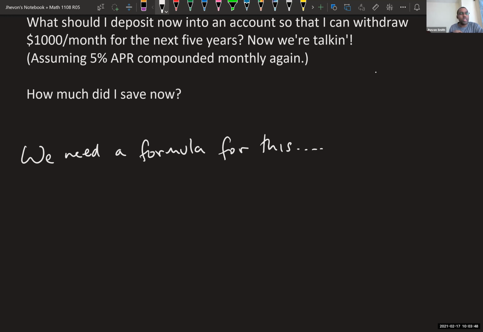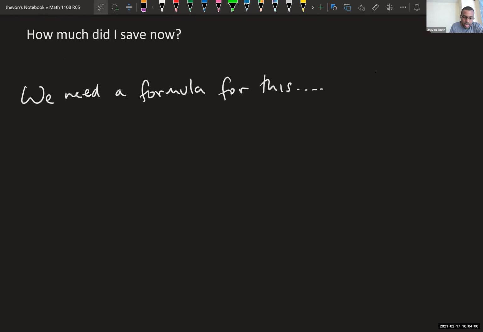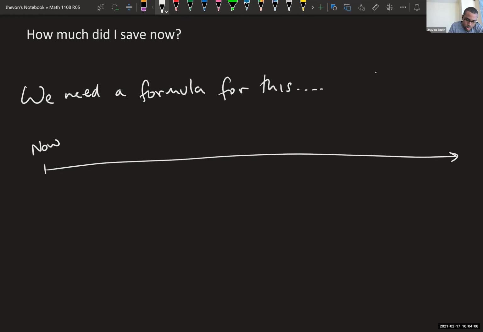I already went through the longer derivation of the sum of a geometric sequence and how we got the sinking fund formula. You can get this formula in a very similar way, but I'm not going to go through the full argument. The idea is, okay, there is a timeline. Here is now.